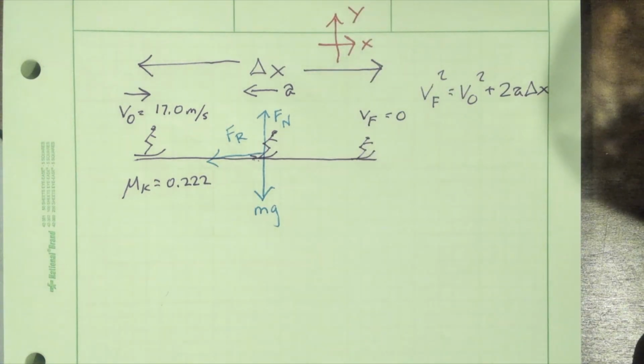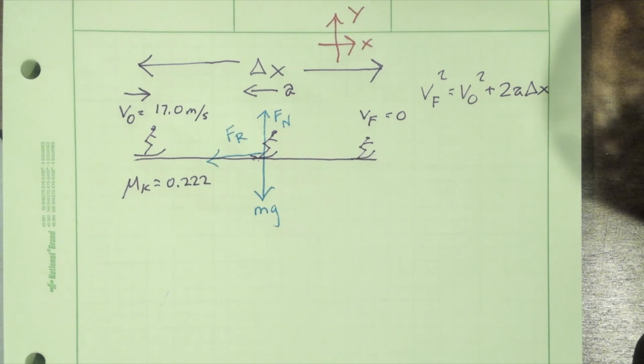It is usually a good idea to have the positive direction be the direction that the object is moving. So since the snowboarder is moving to the right, we will have positive x be to the right. So a traditional horizontal and vertical coordinate system here is good for our use.